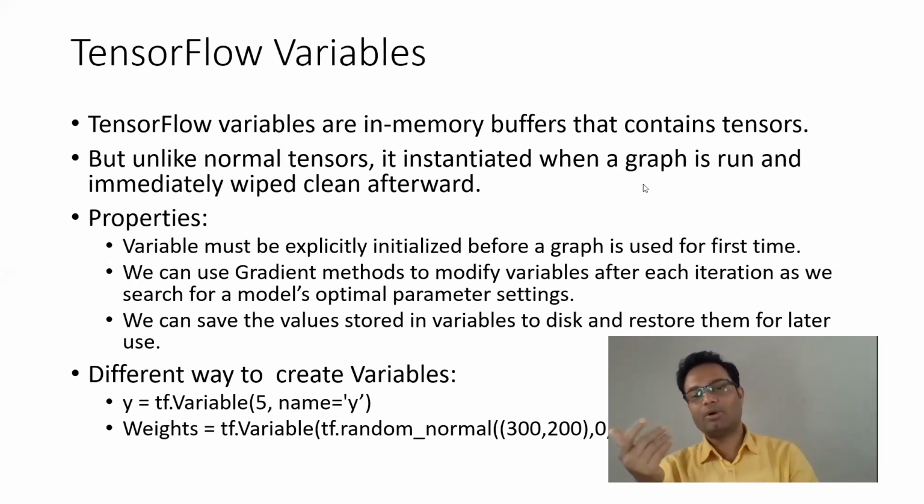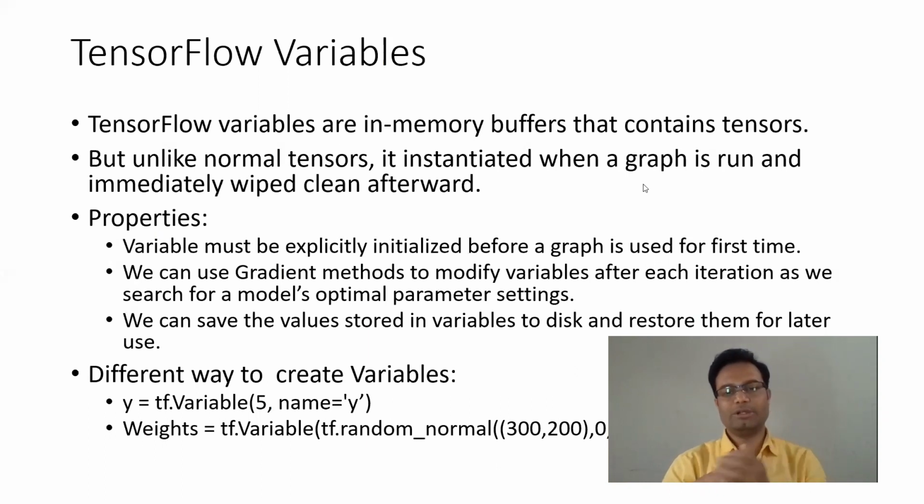The variable will not be created until you start your graph inside the session. Once you start the graph, it will be initiated, and after the session finishes, it will also be wiped out, because the data is in memory and this is a memory cost.